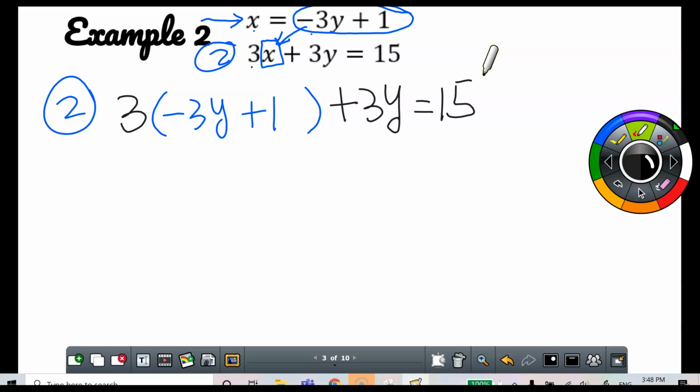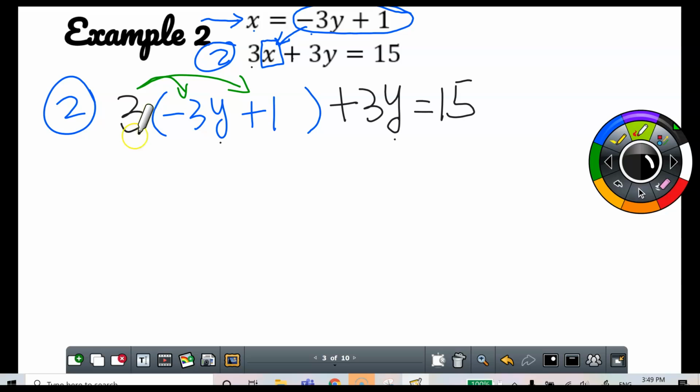Okay. So here in this new equation, you only have one variable, which is y, so you can keep solving it. First, get rid of the parentheses by distributing 3 to everybody in the parentheses. Distribution means multiplication, right?